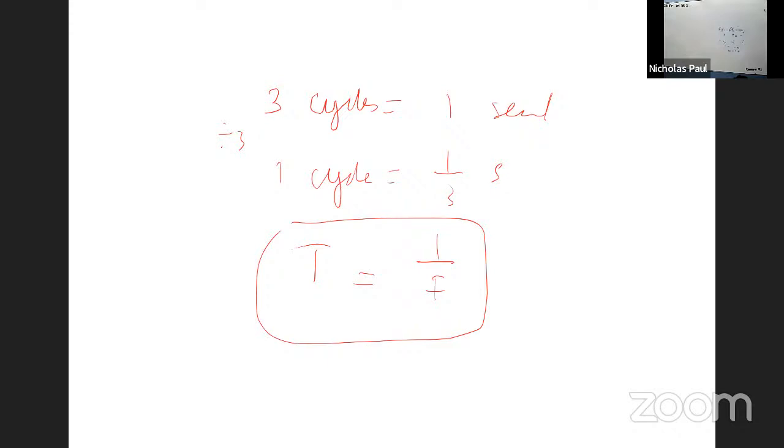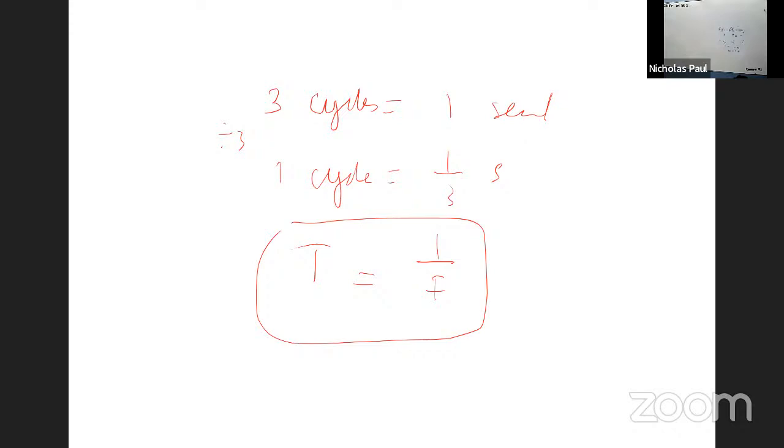Make a note of that in case I didn't give it to you. Period is equal to 1 on frequency.